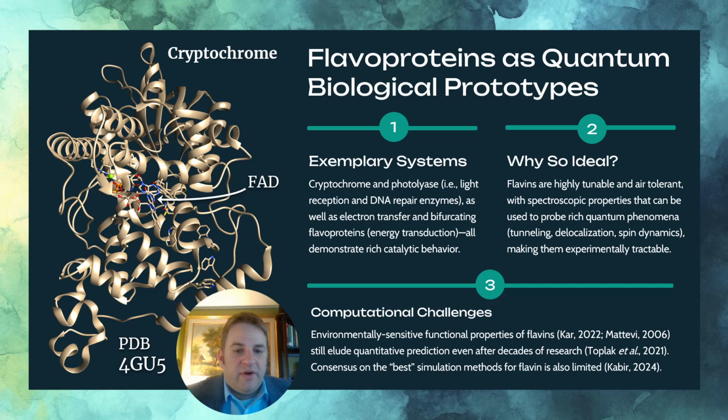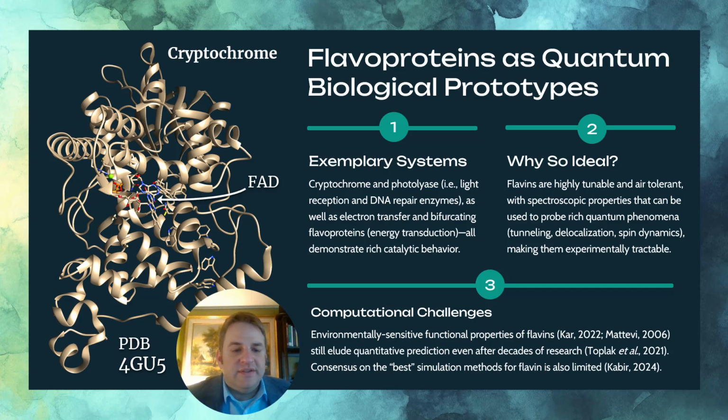Cryptochrome and the related protein photolyase are involved in light reception and DNA repair, as well as electron transfer. In fact, flavin is involved in something known as electron bifurcation, which I'll discuss at length in this talk, in order to produce a variety of different forms of catalysis.